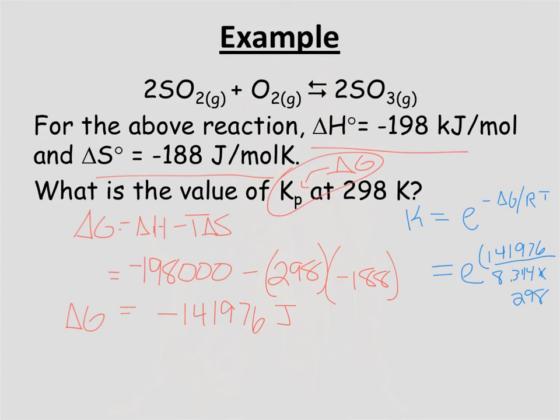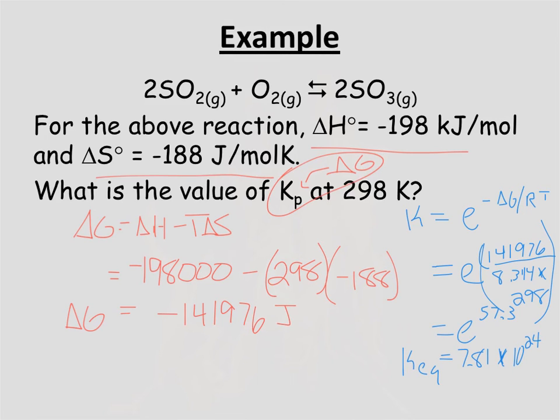All right, so I need to solve for this huge fraction here before I even try to plug it in and raise E to that number. So we've got E raised to 57.3, and for K_eq, we get 7.81 times 10 to the 24th.